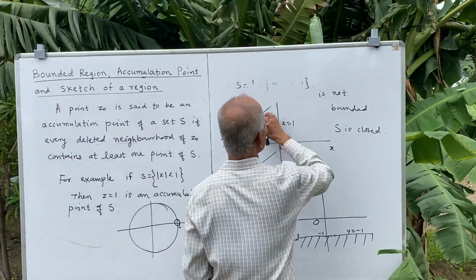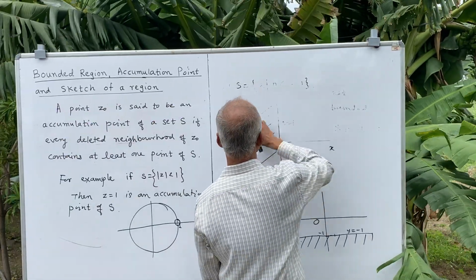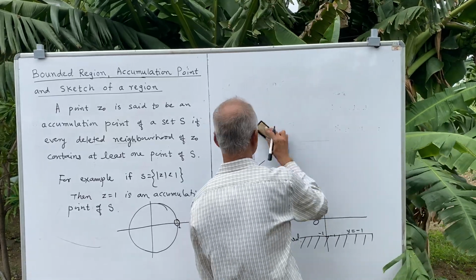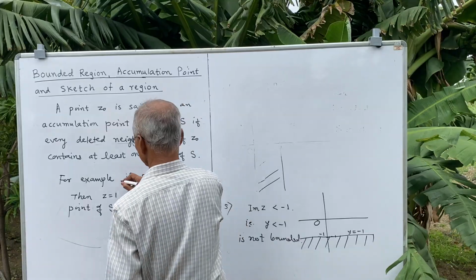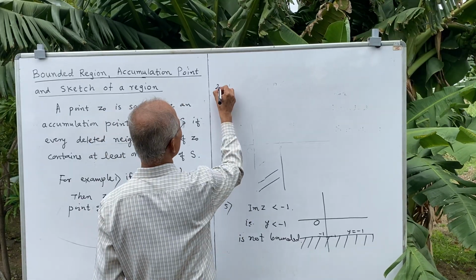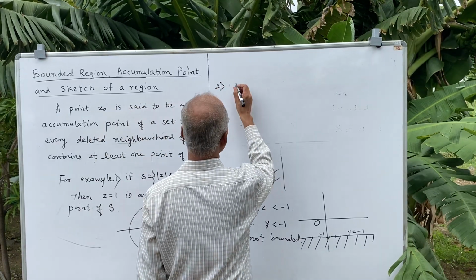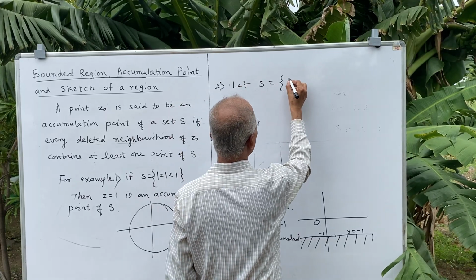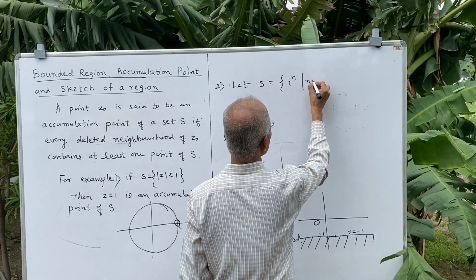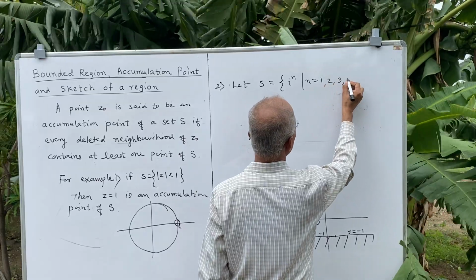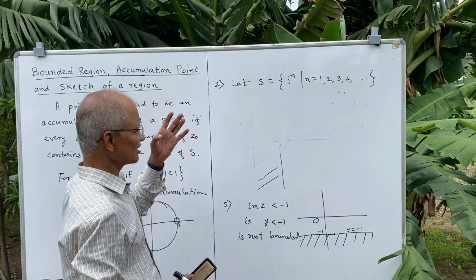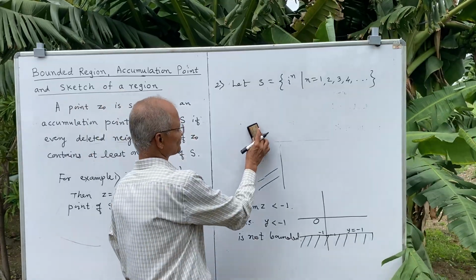Our second example we may have is S equal to I power n, where n takes values 1, 2, 3, 4, etc. Then what about its accumulation point?